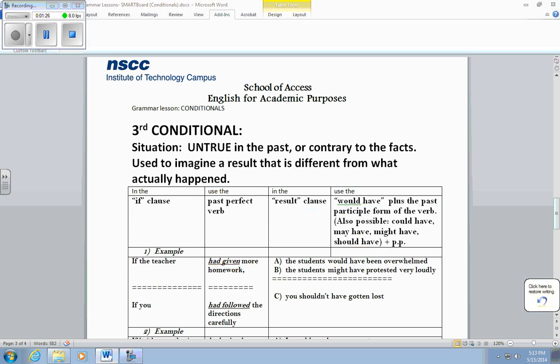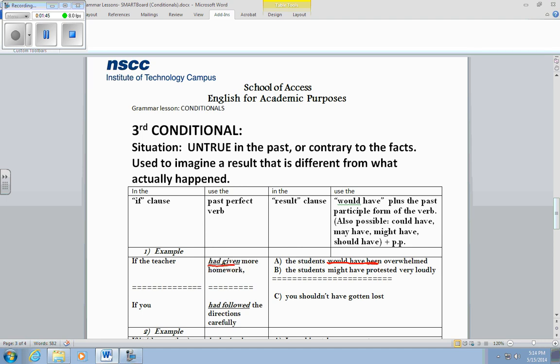So, would have been. So, past perfect in the if clause, would have plus PP in the result clause.